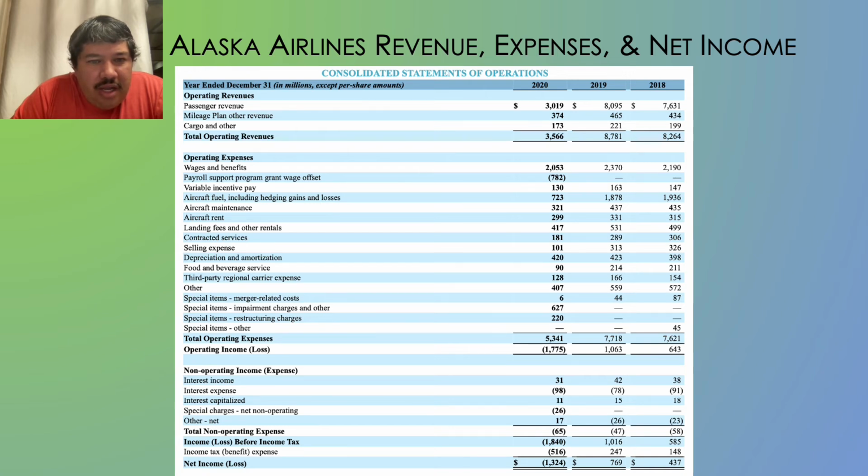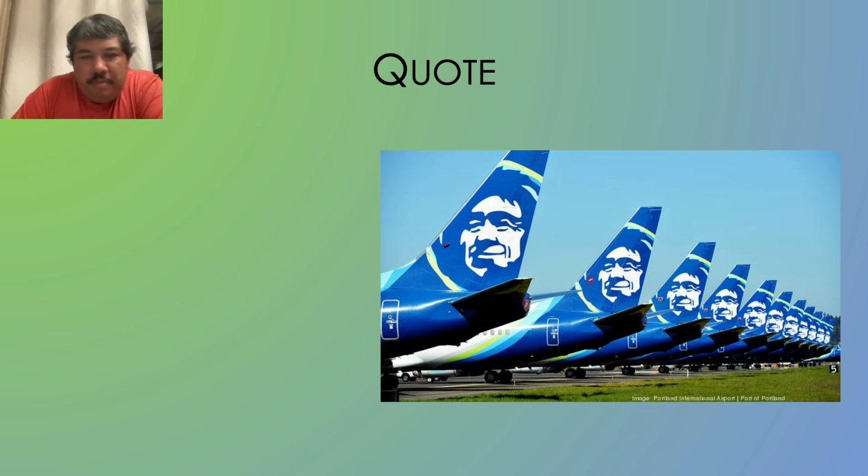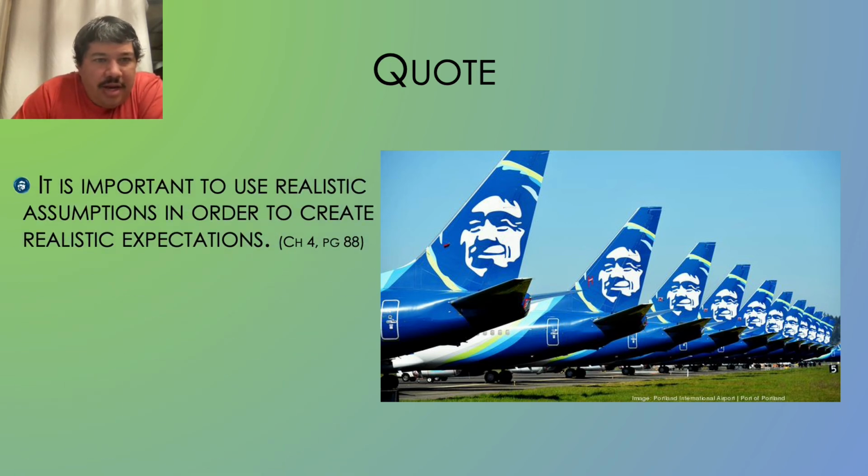They also had a non-operating expense of $65 million, and an income tax benefit, so they had $516 million of a tax break there. Total net loss of $1.324 billion.